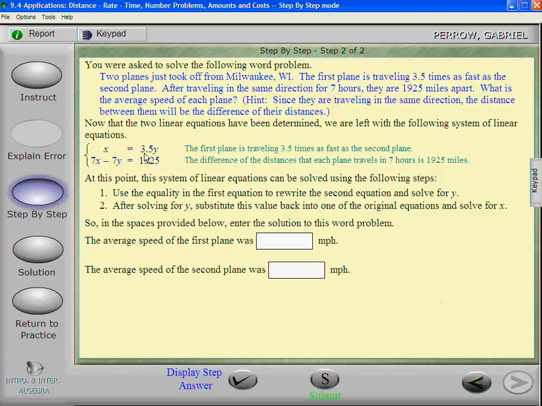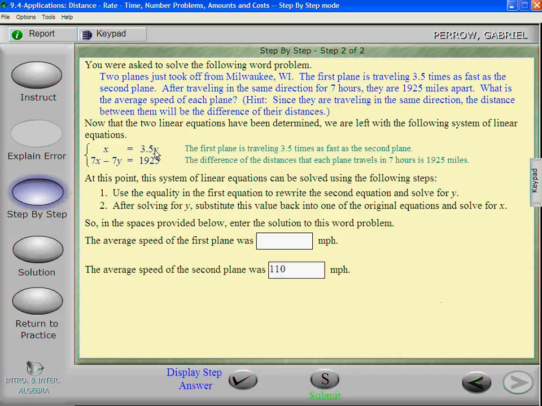Okay, so after plugging in 3.5y for x, I multiplied it by 7, subtracted the 7y from the product, divided by the coefficient. You end up getting, I believe, because it's for y, the second value, 110.